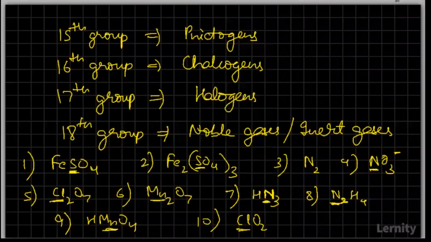Eighth one is N2H4. Ninth one is HMnO4. That is permanganic acid. If you are done, you can leave. If you want me to show some specific slide, I can just show you that.